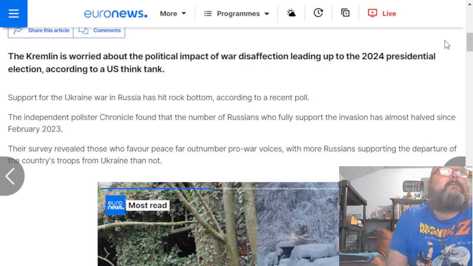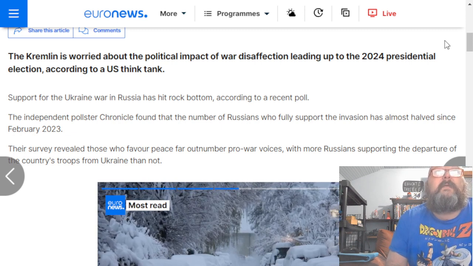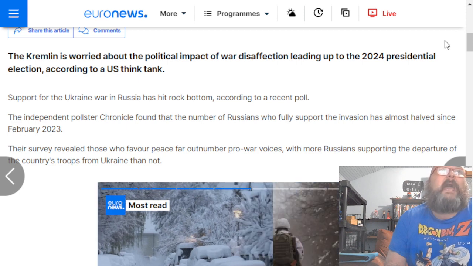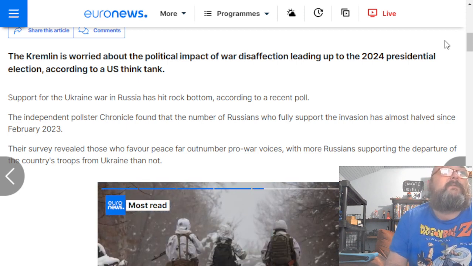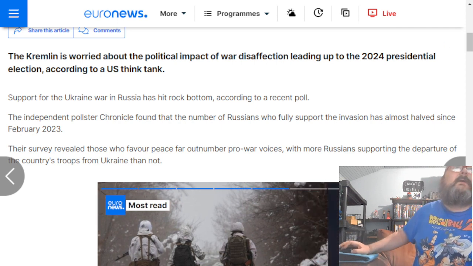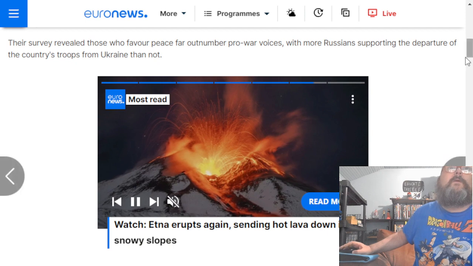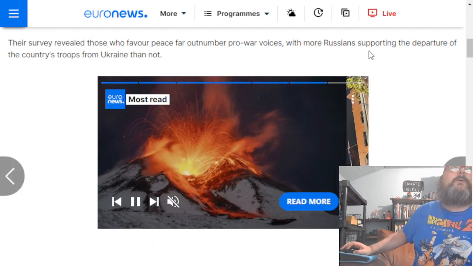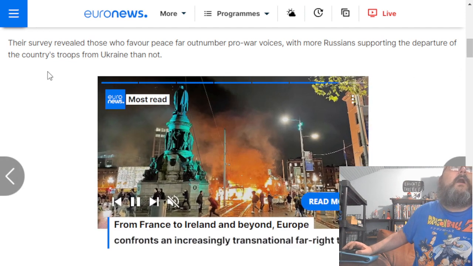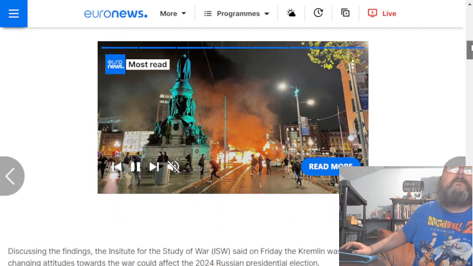The independent pollster Chronicle found that the number of Russians who fully support the invasion has almost halved since February 2023. The survey revealed those who favor peace far outnumber pro-war voices, with more Russians supporting the departure of the country's troops from Ukraine than not.